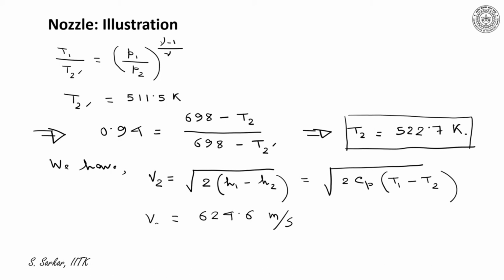So look, I have evaluated V2 following another route, using fundamentals from the definition of nozzle efficiency. Previously, I got V2 as 624.24, now I got 624.6 meter per second. Now I can easily evaluate the exit area A2 of the nozzle.